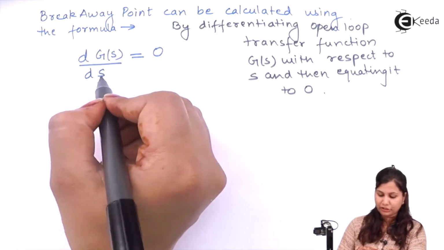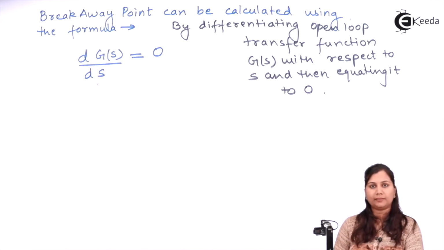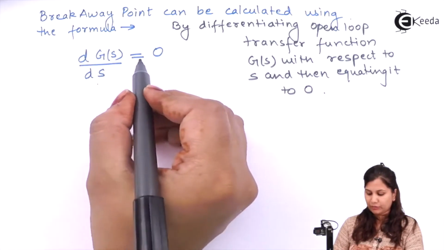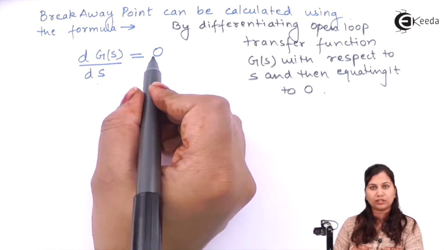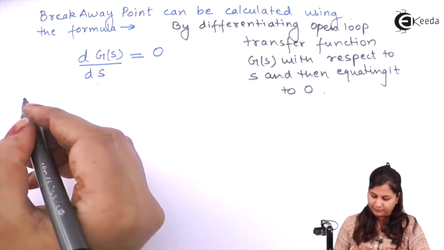So when we differentiate this G(s) with respect to s, we will get an equation in terms of s, and this equation will be equal to 0. Then simplify this equation and obtain the value of s.